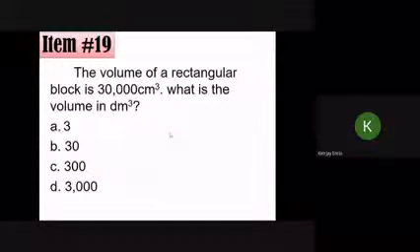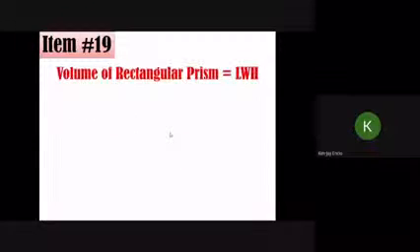Based on experience, many answered 3,000. But is 3,000 correct? We'll see. Remember, guys, that the volume of a rectangular prism is equal to the product of the length, width, and the height.